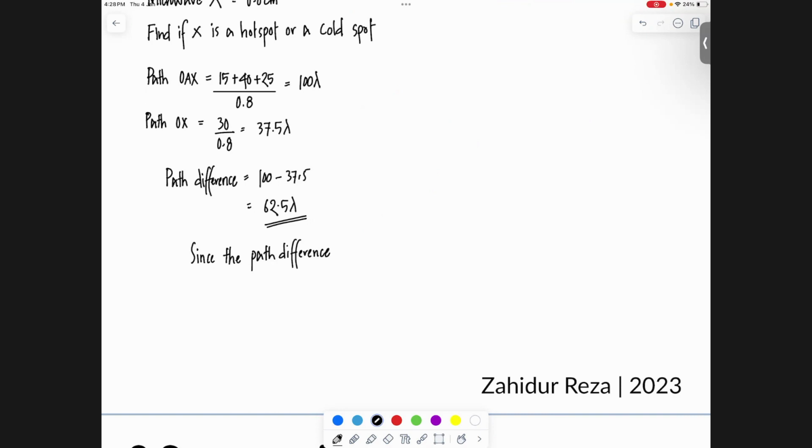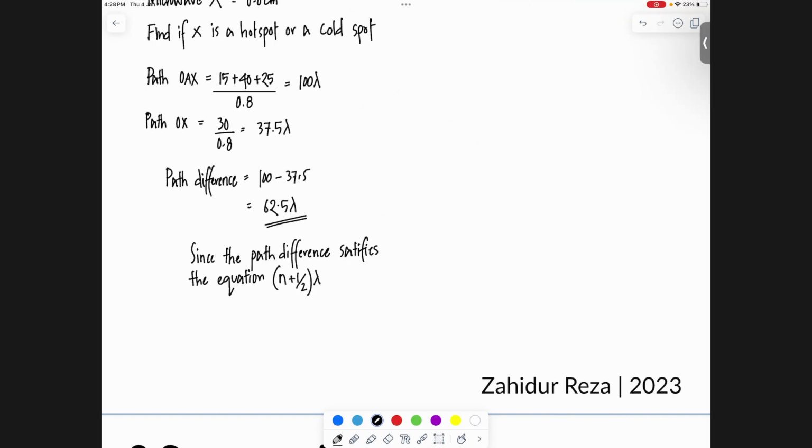আমি লিখে দিচ্ছি। Since the path difference satisfies the equationটা তার জন্য আমি তোমাদের প্রথমে বলছিলাম যে মনে রাখতে হবে what equation, general equationটা কি ছিল? n plus half lambda. এখানে n0 হলে কি হবে? lambda by 2. n1 হলে কি হবে? 3 lambda by 2.